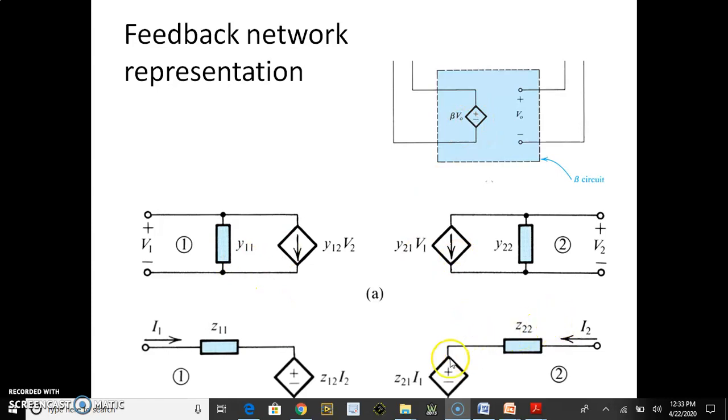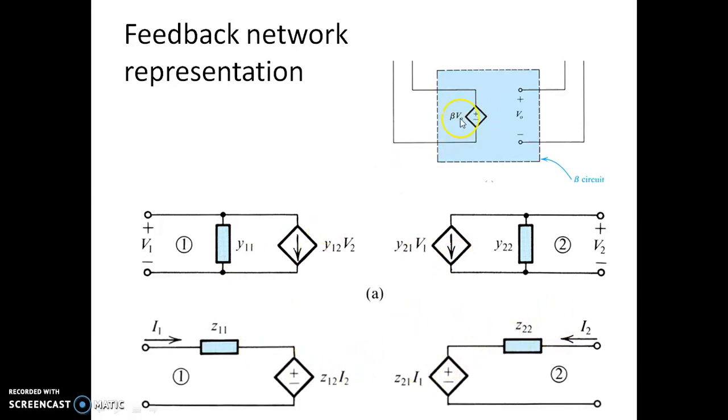Now if I try to represent this feedback network with this one, again it is not possible, because now a current is being sampled here. Even though you may have a voltage source here, the thing sampled is current, but you are supposed to sample the voltage here.